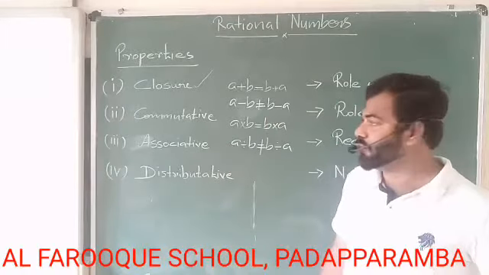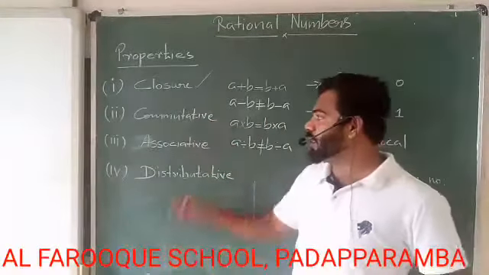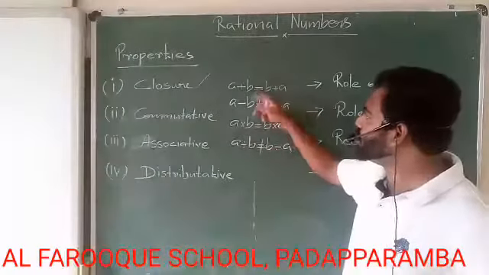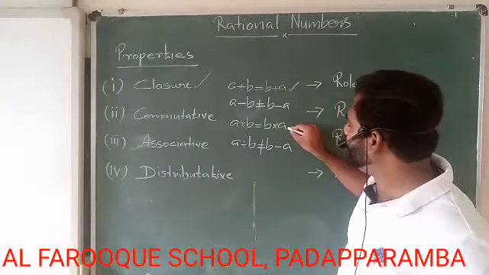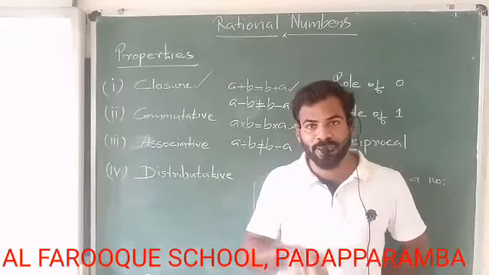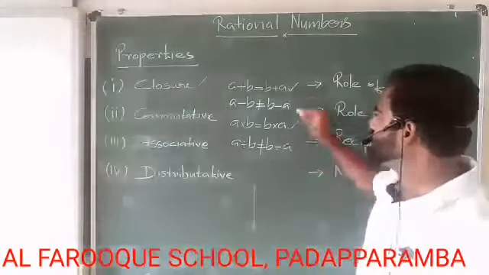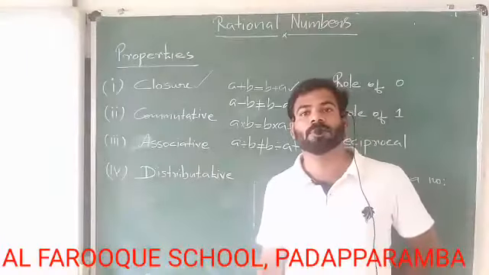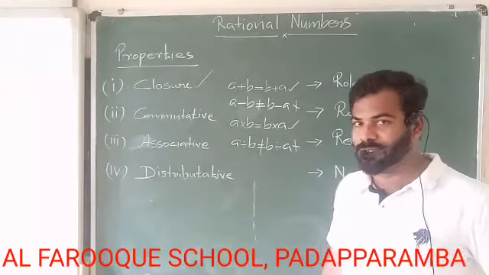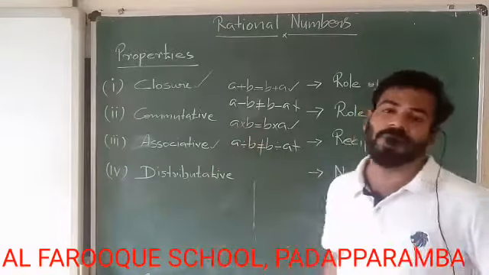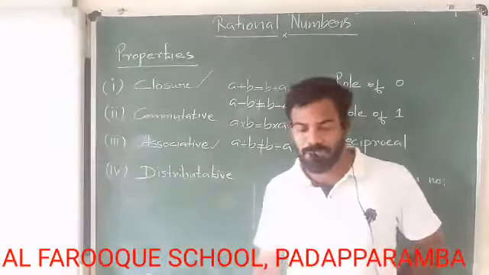Let us rewind once again. In the case of commutative property, addition and multiplication of rational numbers are commutative, but subtraction and division are not commutative. Is it clear? Now let us move to the third property, that is associative property.